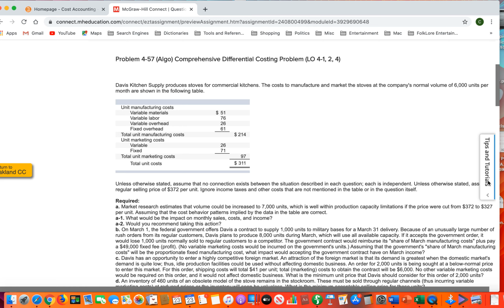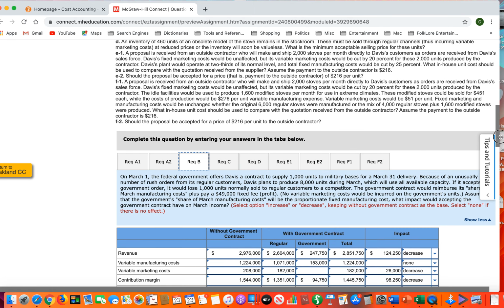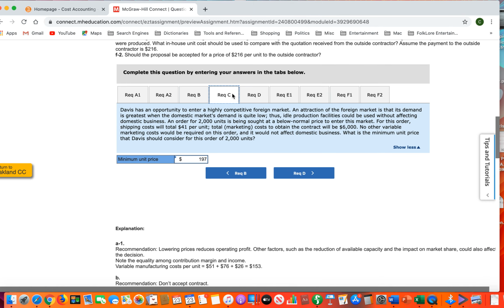That's $394,000, and divide that by 2,000 is $197. And there you go, $197. Okay, just the variable cost.